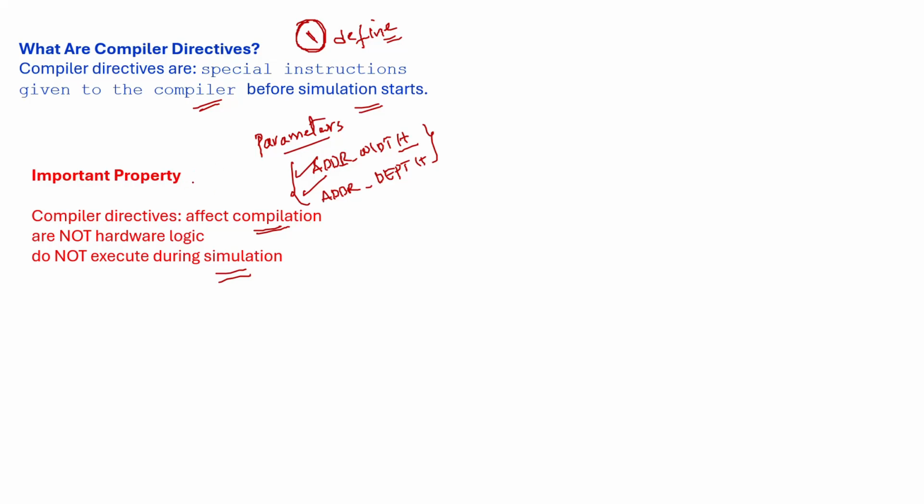Compilation time means it will check all the syntax errors. Any syntax errors are taken care of at that time only. It is not involved in the hardware design, like when we design hardware with an AND gate, another AND gate, and these two connecting to an OR gate.